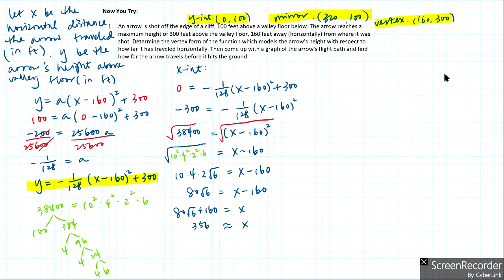And we can use this answer to complete the question as well, to say the arrow would have traveled this much horizontally, in feet, horizontally, before hitting the ground or the valley floor.